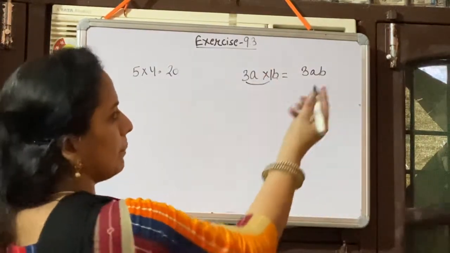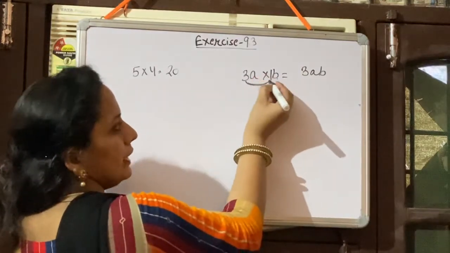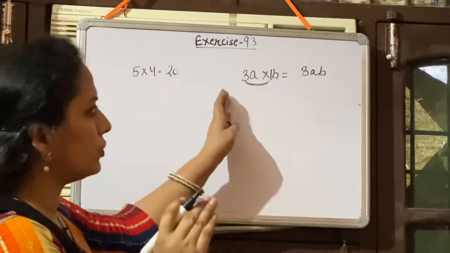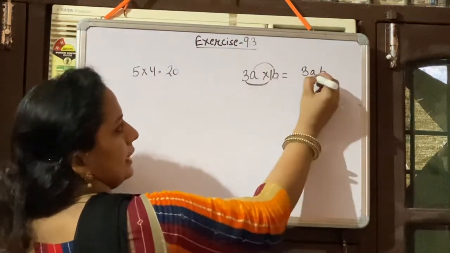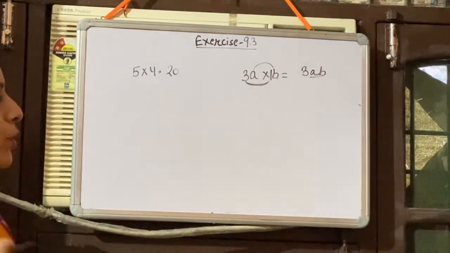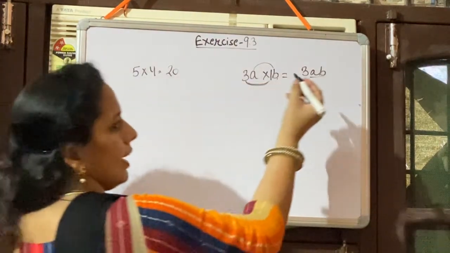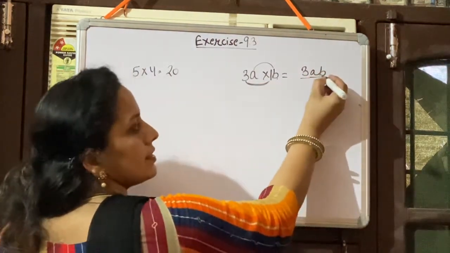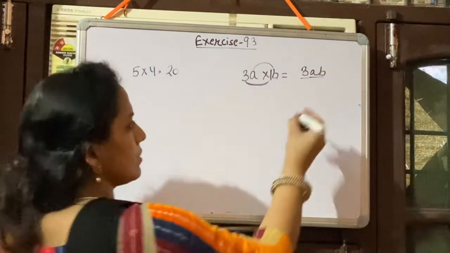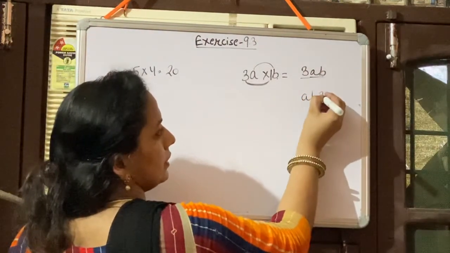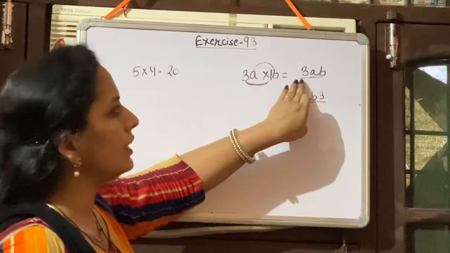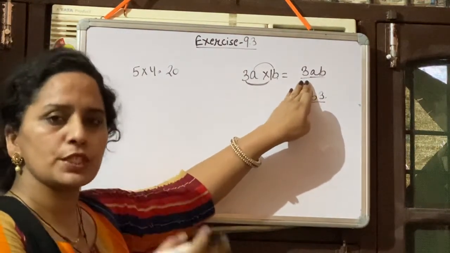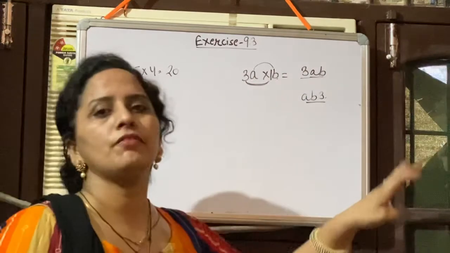Then after multiplying, we get the coefficient 3 multiply 1, that is 3, and the variable AB. One more thing: write the final answer in this way, 3AB. That means write the coefficient, the constant term, in the first place, and after that the variable.